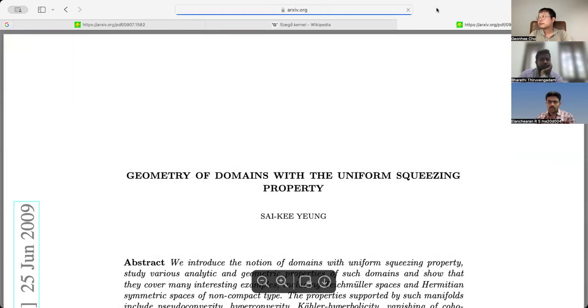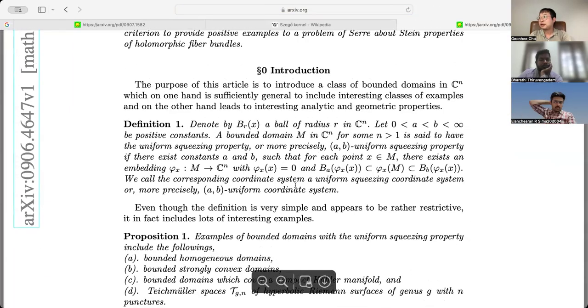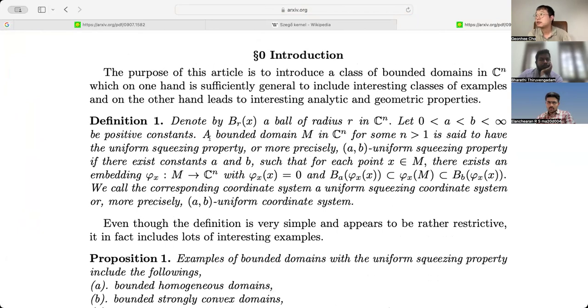This is the most popular technique. We assume the AB uniform squeezing property if there are two positive numbers A and B such that for each point we can make the embedding inside and outside, so that you can assume the ball can be controlled by an inner ball and an outer ball in some way.